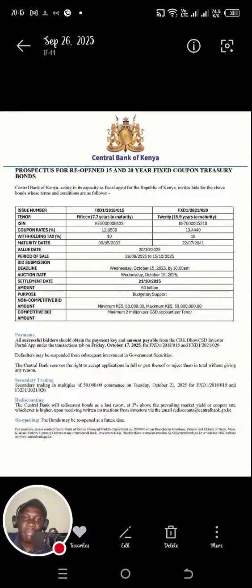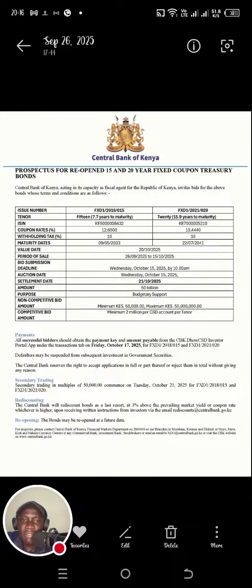So you ought to have made a decision and placed a bid by the 15th of October 2025 by 10 a.m. That is when the bid will be closing. The auction date is the same day that the bids close, and the settlement date is on the 21st of October 2025.